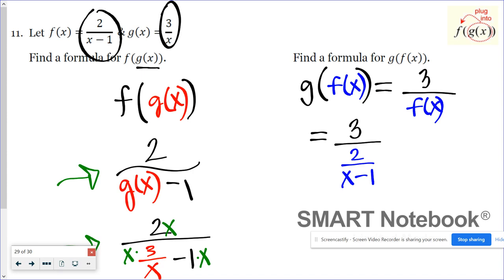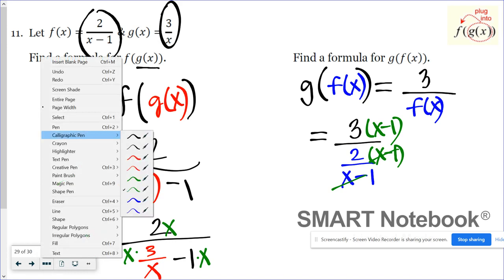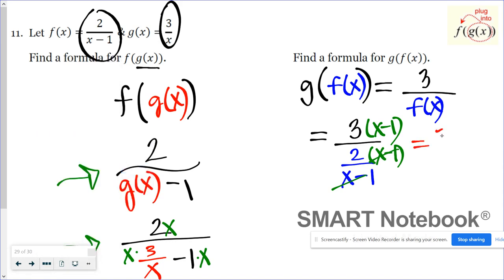The x minus 1 is causing all the problems. So I'm going to multiply both terms by x minus 1, because that's how I'll get rid of it. So on top, I have 3 times x minus 3. And on the bottom, because these canceled, I just have 2. And so 3x minus 3 divided by 2 is my answer here.